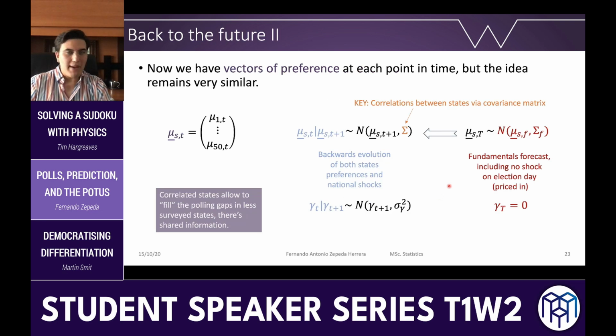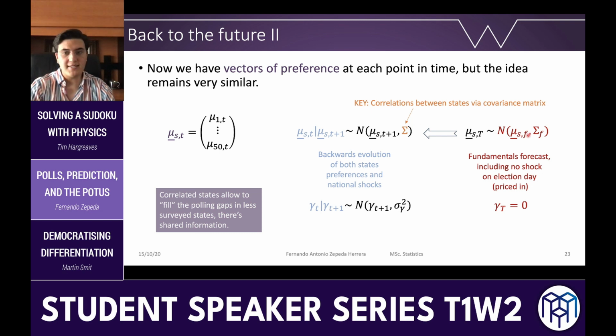But now in our Back to the Future, in our random walk, we have vectors. And that means that we model them not by a univariate normal, but by a multivariate normal. And that has a covariance matrix parameter where we can model explicitly the correlations between states. And here we have to put a lot of attention and a lot of detail in our modeling.